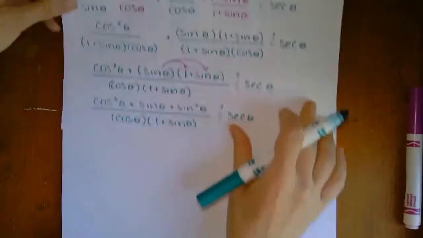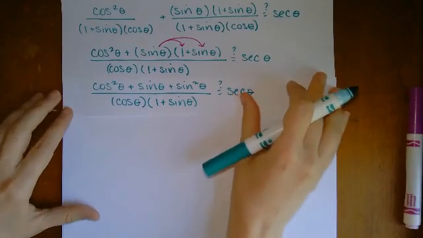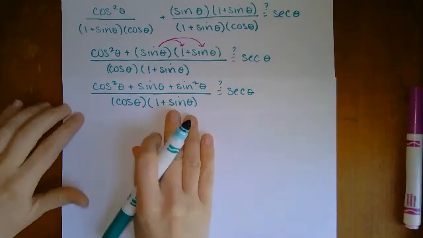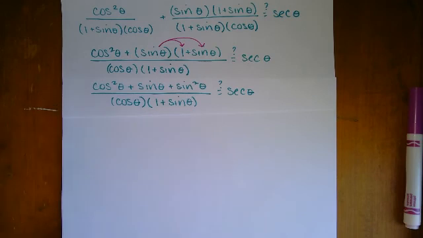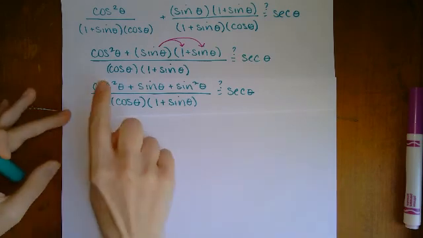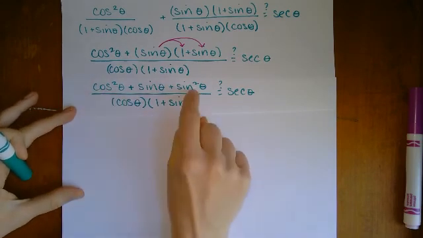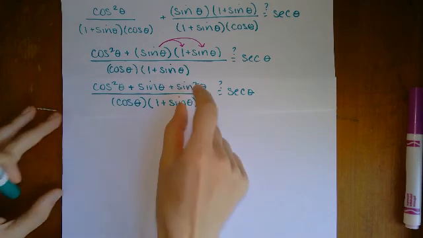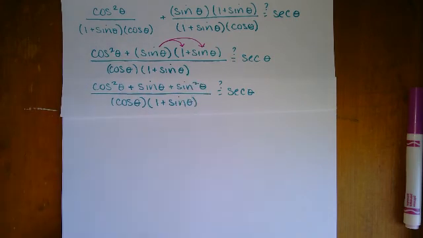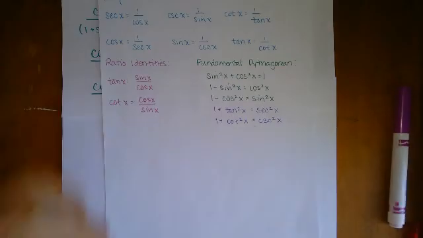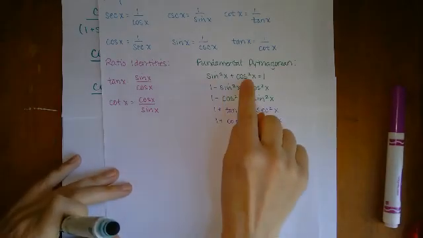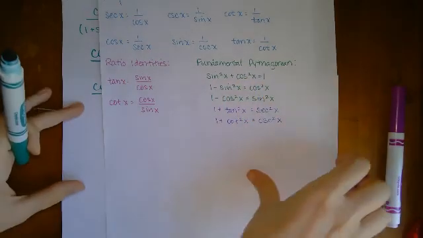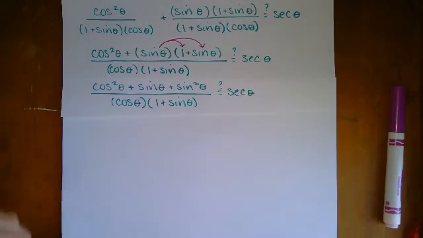This point will honestly be the first time that we actually use some trigonometry in this problem. If we look at our numerator, hopefully by now you're used to seeing the Pythagorean identity. We have cosine squared theta plus sine theta plus sine squared theta. And when you add, you don't have to add in this order. You can rearrange some things. So hopefully remember from our identity sheet, and it's maybe a tiny bit blurry, sine squared theta plus cosine squared theta is equal to 1.